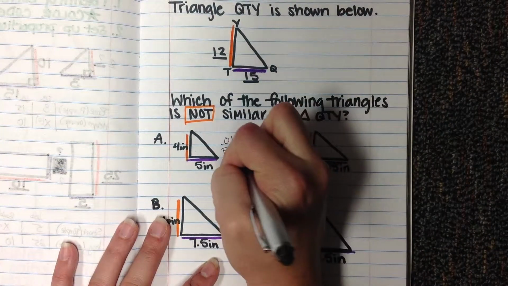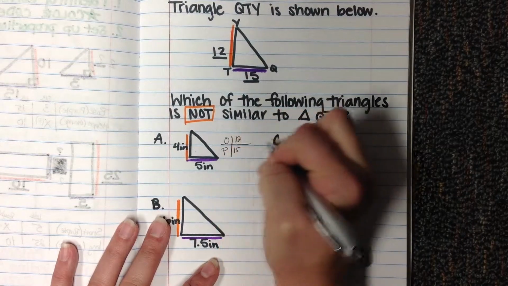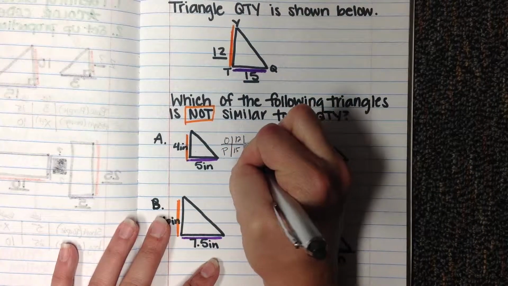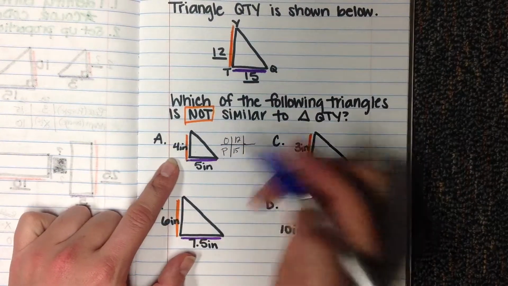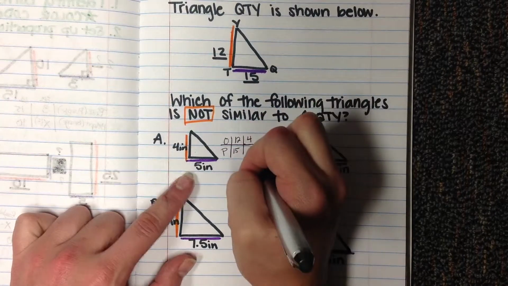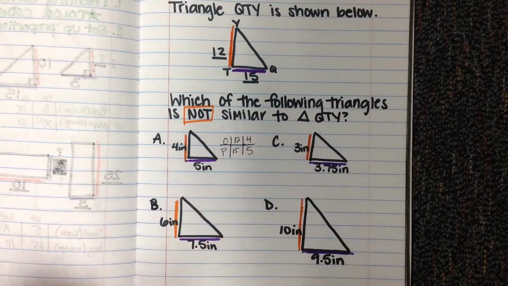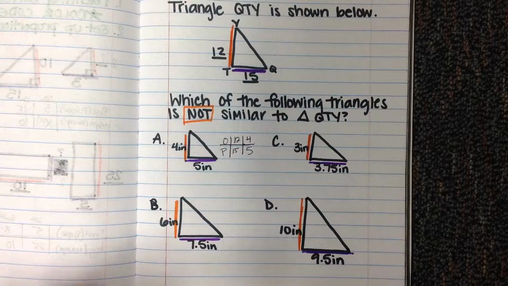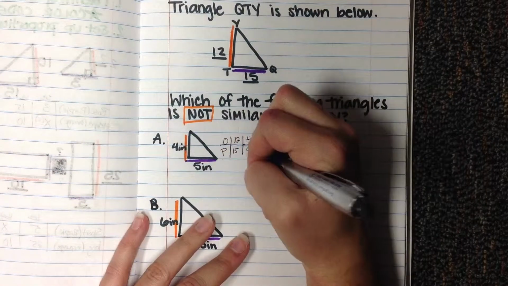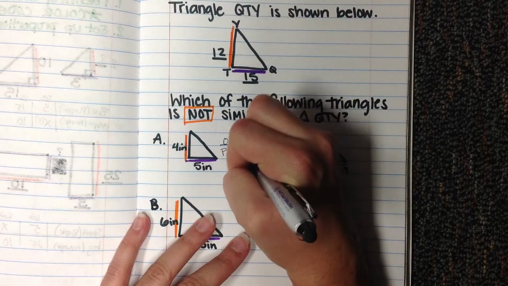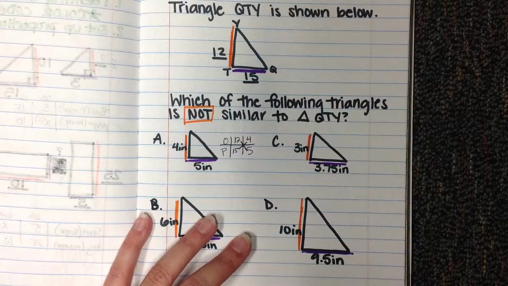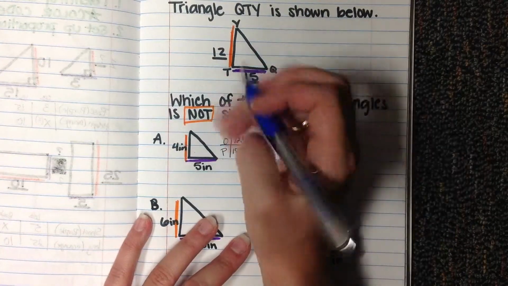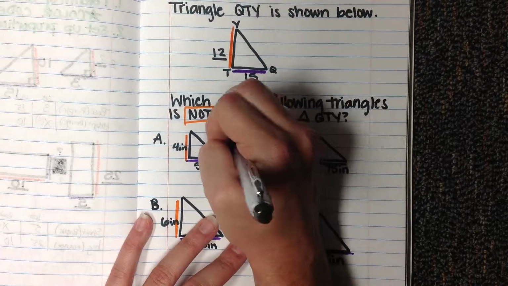So the orange is 12 when the purple is 15. In answer choice A, the orange is 4 when the purple is 5. How can we tell if these are proportional or not? By cross multiplying. Remember, if it is proportional, then you'll get the same thing when you multiply across. I know that 5 times 12 is 60.